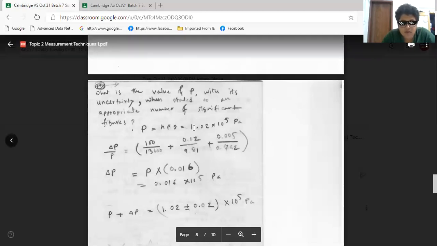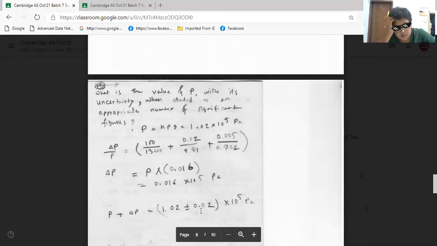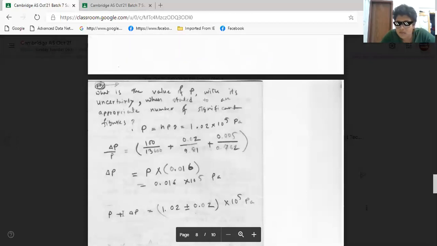You got 1.02 for the P value, and for absolute uncertainty, you got 0.016, which you are rounding up to 0.02. Then we are writing it here, and altogether the measured value and absolute uncertainty are 1.02 plus minus 0.02. So it is the answer.